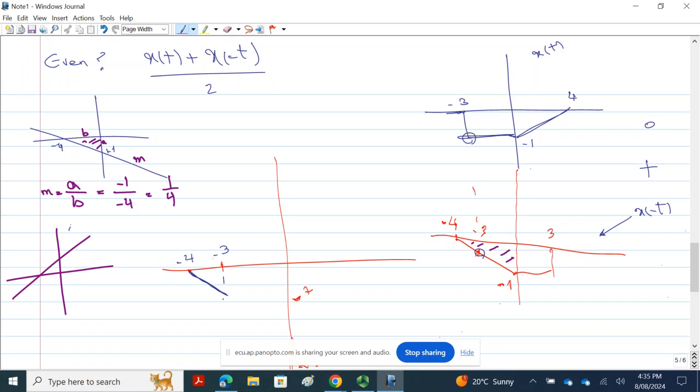Exactly. So what you do is, when you want to write the differences, you need to consider the slope as well. Because if I say it is 1 over t minus 1, replace t by minus 4. What will be the answer? Minus 2.